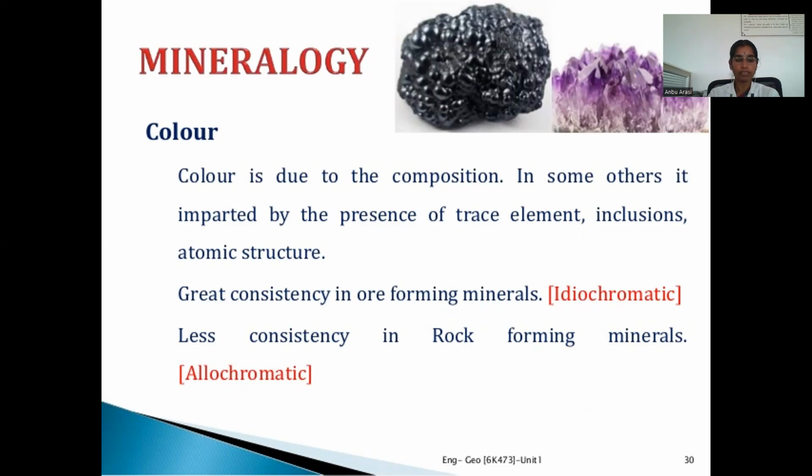Any object that appears black will absorb all colors but reflect none of the colors of light. With respect to the property of color, minerals are classified into idiochromatic, allochromatic, and pseudochromatic.